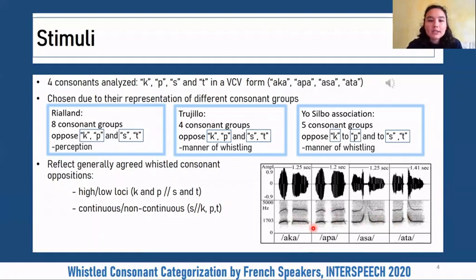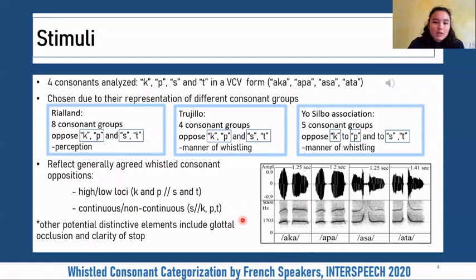And also the difference between continuous and non-continuous, which is S versus K, P, and T. You can see that S doesn't have a clear stop between the two vowels. It's relatively continuous. There's no silence, whereas in K, P, and T, you can really see that clear blank space of silence.